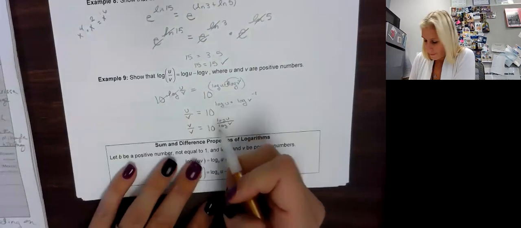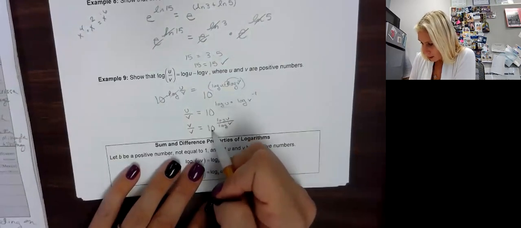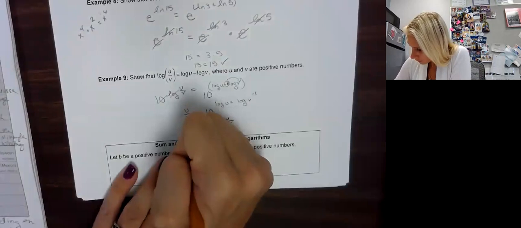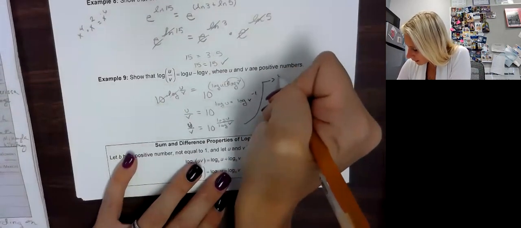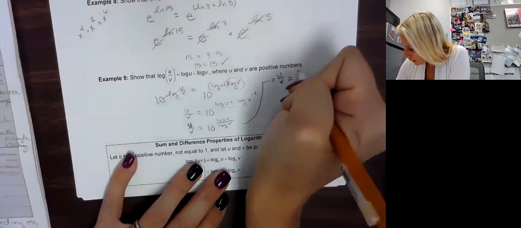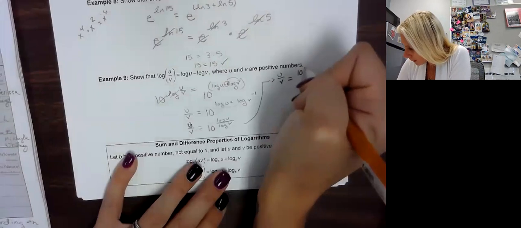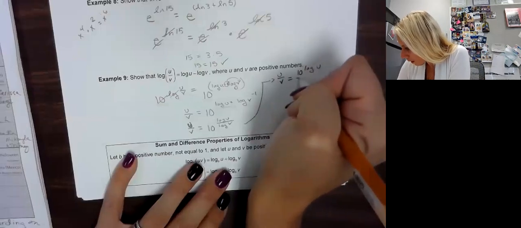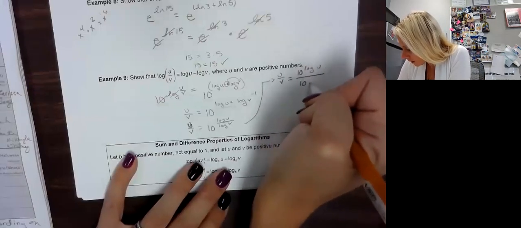Now, if I do this correctly, we can actually separate it and have this being log here and log here. So, oh, and I made that u. Sorry. Okay, ready? Next step. We still have u over v on this side. That's what we're trying to get. So now I'm actually going to separate this to 10 to the log u all over 10 to the log v.